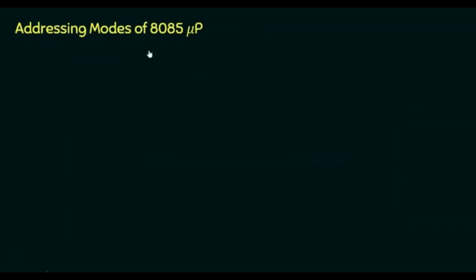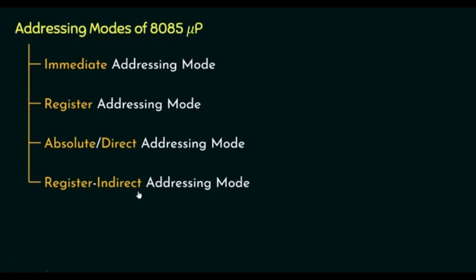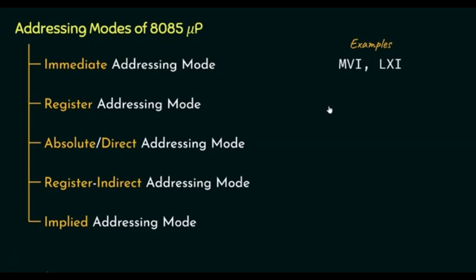So to summarize, in case of 8085 microprocessor, we have got the addressing modes immediate, register, absolute or direct, register indirect, and implied. Now let's take a few examples of them. In case of immediate addressing mode, we can talk about the instruction types MVI, LXI.